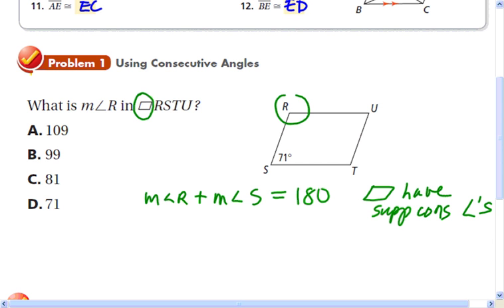And we know S is 71, so we can substitute that in. And we can subtract 71 from 180, and we get the measure of angle R is equal to 109.